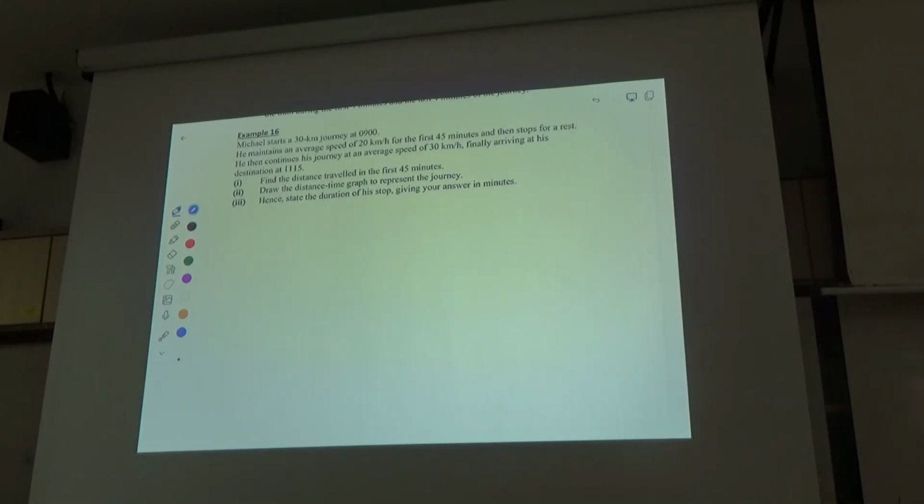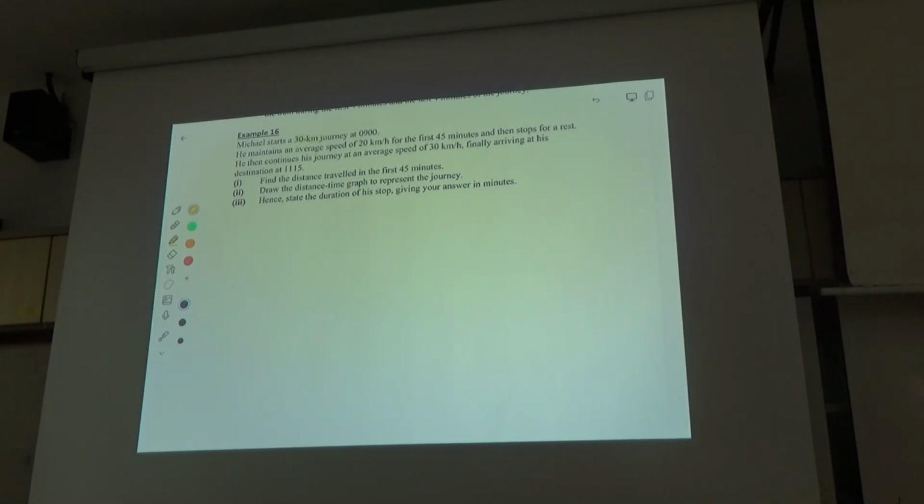Okay, so looking at example 16, it says that Michael starts a 30-kilometer journey at 9 a.m. He maintains an average speed of 20 kilometers per hour for the first 45 minutes and then stops for a rest. So a lot of information here, maybe let's just highlight some things.